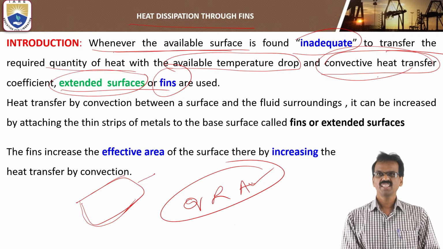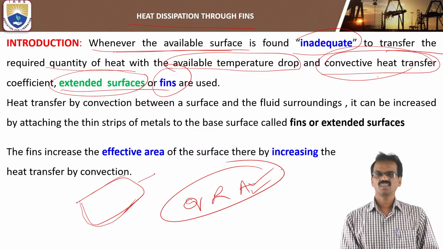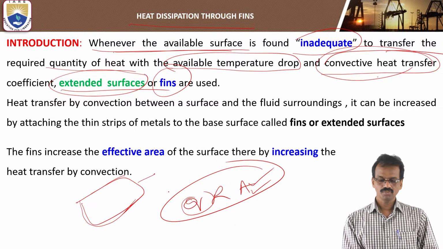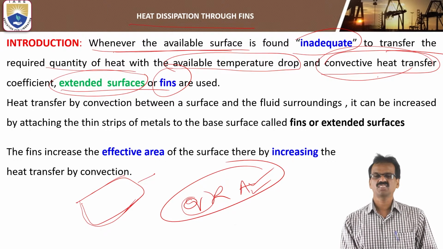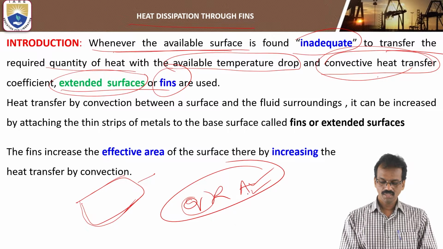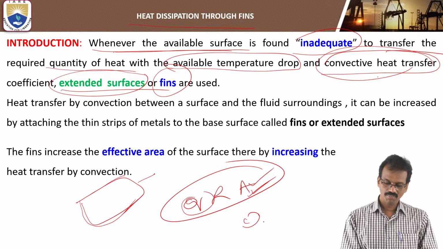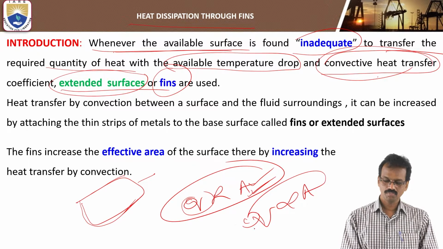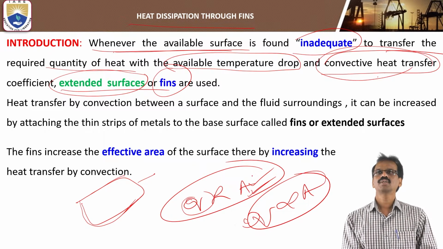If you increase the effective surface area, automatically the rate of heat transfer will increase. By adding these fins, we can improve the effective area, and the rate of heat transfer will increase. So this is the principle; based upon this principle, fins work.